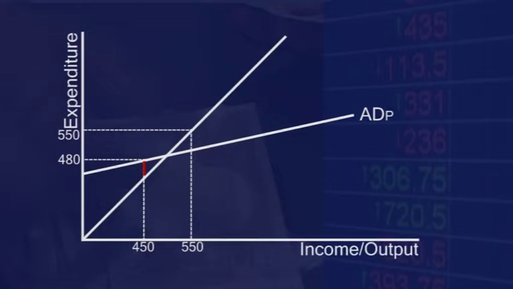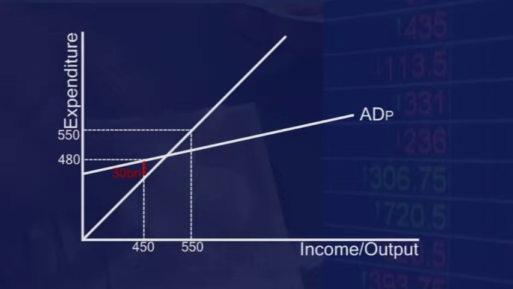So here's an economy in which national income is 450, and this causes people to wish to buy 480's worth of national output, but only 450 is being produced. So to that extent, we have a gap between what people wish to buy and the amount of output which is being produced. In my case, it's a gap of 30 billions.